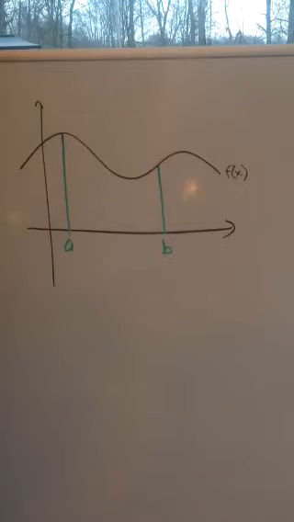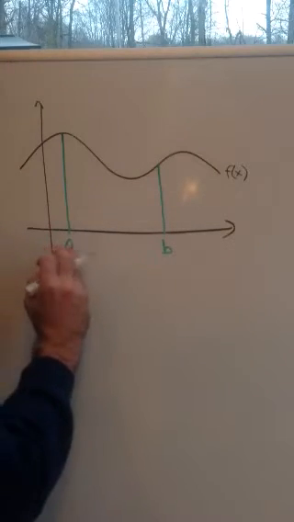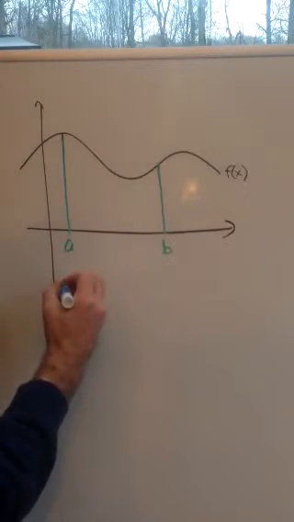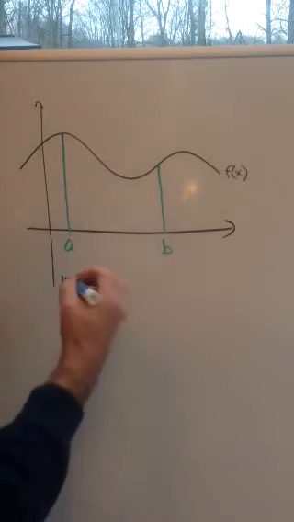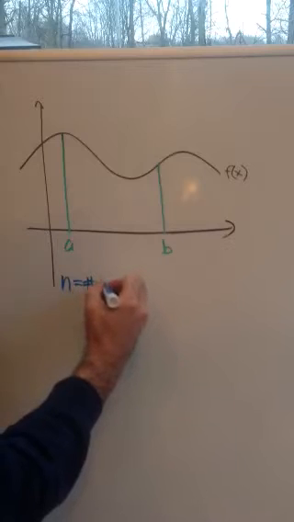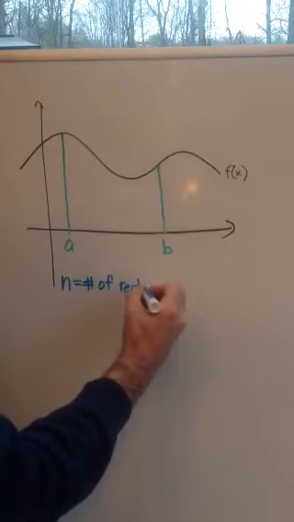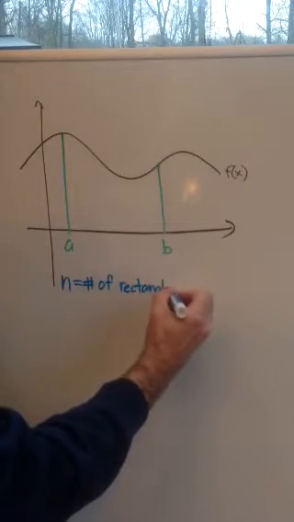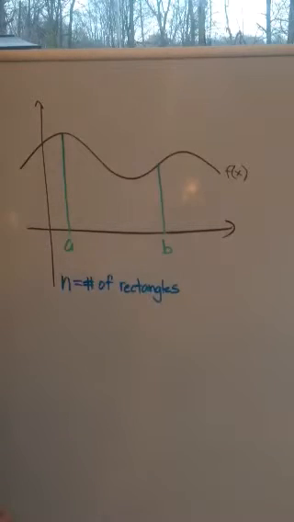So we've been using rectangles to approximate what the area would be. Now if we say that we are going to want to have n intervals here, we're going to want to have n rectangles, so n is going to represent the number of rectangles to use for our approximation.